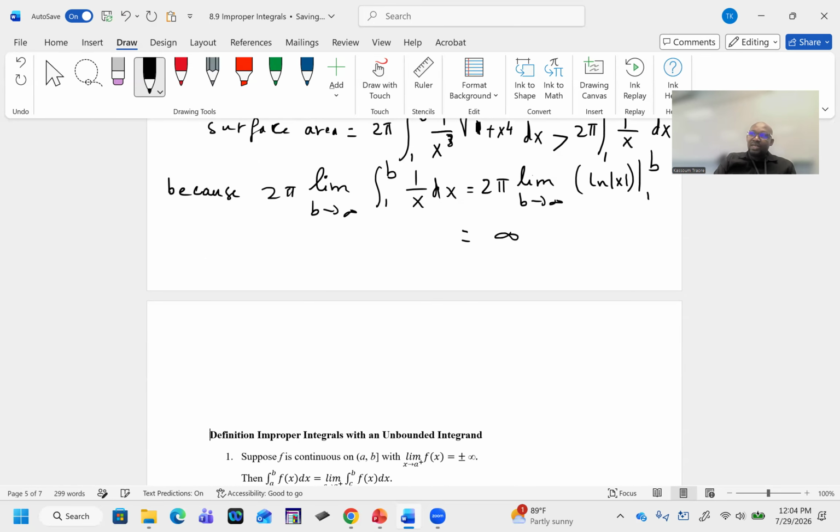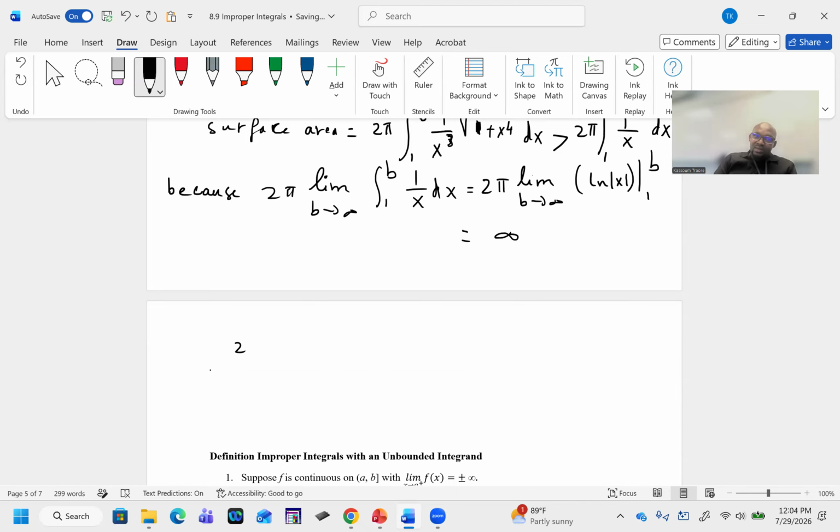So that is why 2 pi, again, 2 pi limit b goes to infinity of 1 to b, 1 over x dx is equal to infinity. This implies what?